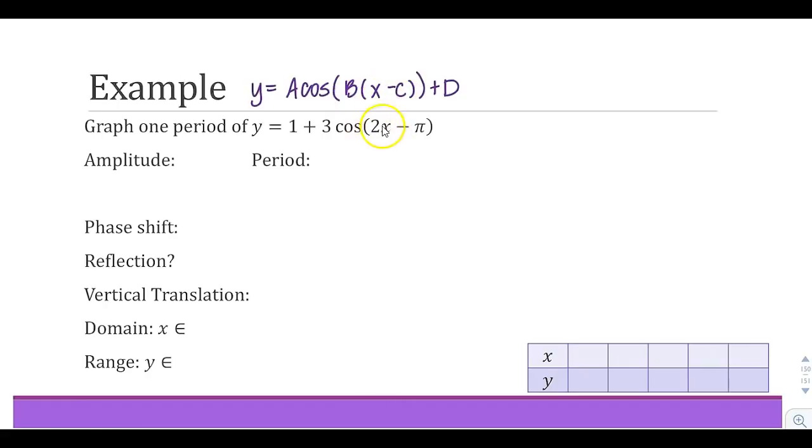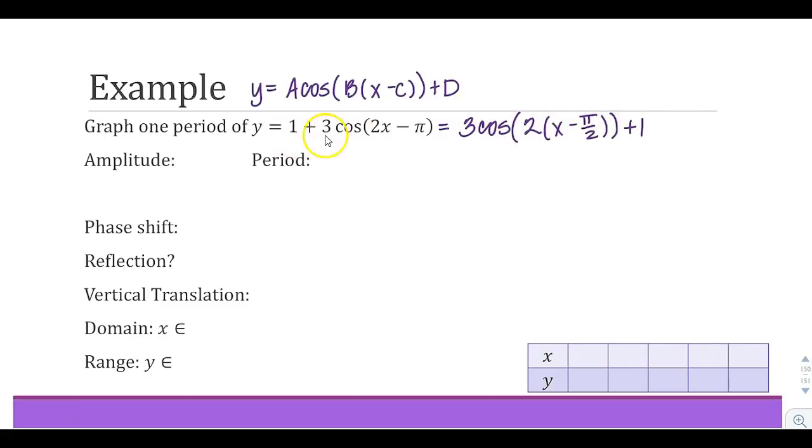So we're going to have to factor out a 2 here. And we get 3 cosine of 2 times the quantity x minus pi over 2, and then plus 1 in the back. So you can see if I distribute the 2 back in, I will get 2x minus pi. But now I can identify clearly my a, b, c, and d value.